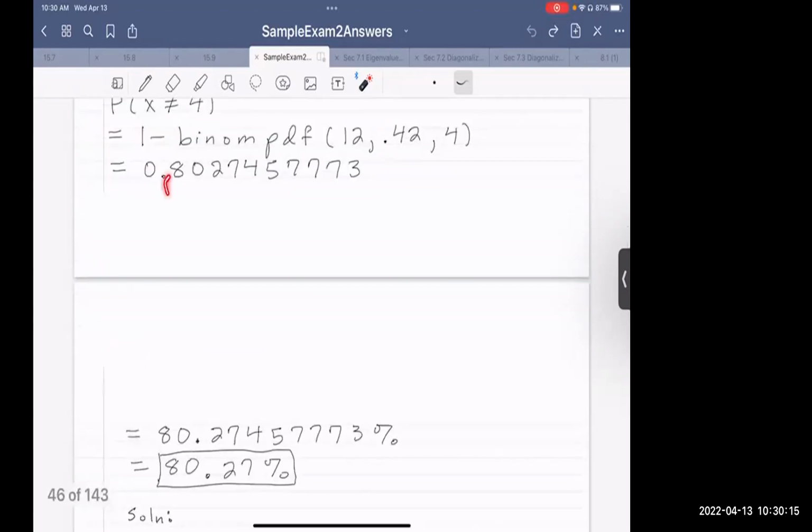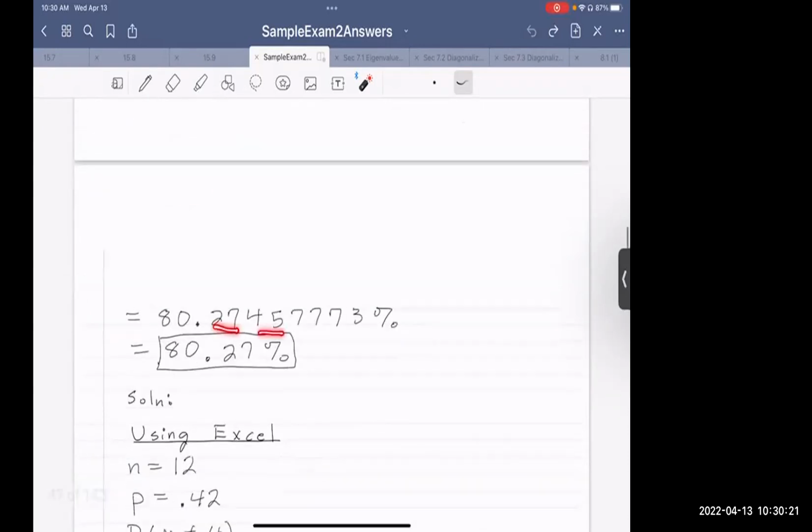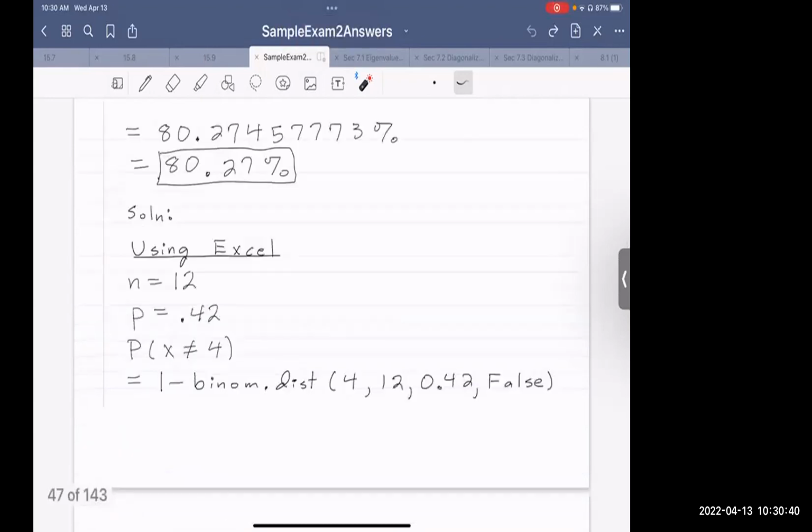Let me move my decimal place 2 places to the right. So 80.27457773%. Let's round to the nearest hundredth of a percent. And so 80.27%.